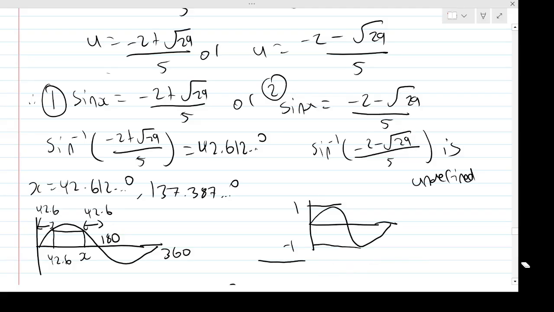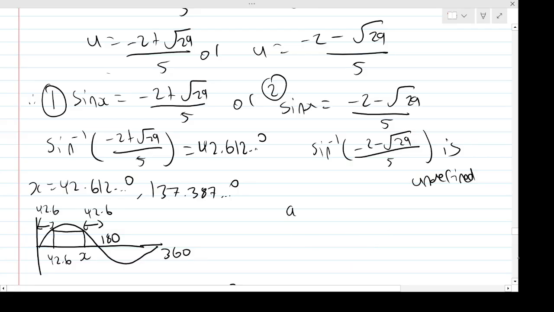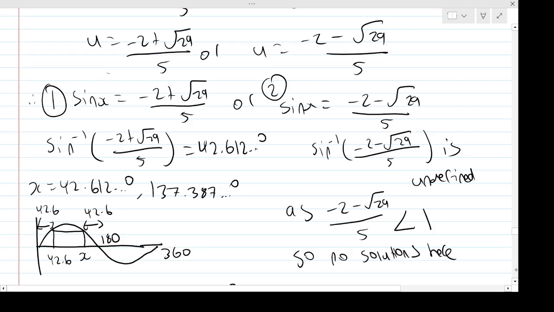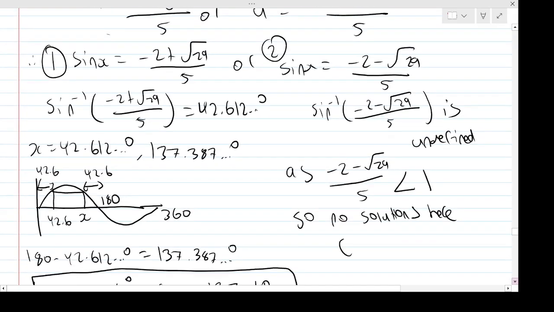So what we can therefore say is that it is undefined as minus 2 minus root 29 over 5 is less than minus 1, okay? So there are no solutions here. And I should say that's because sine x cannot be equal to minus 2 minus root 29 over 5.